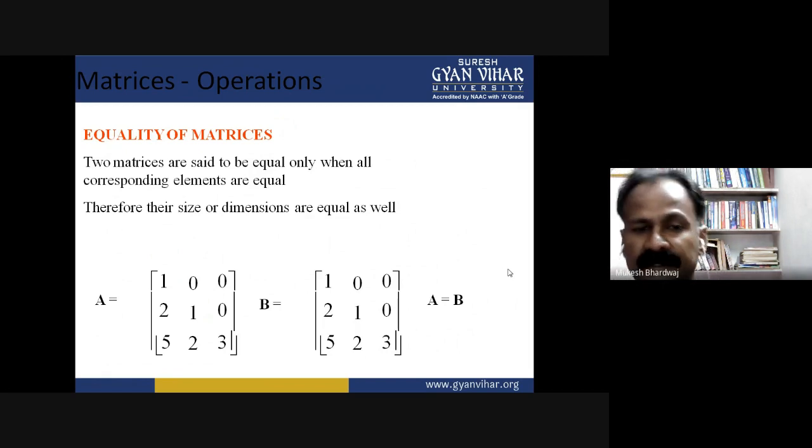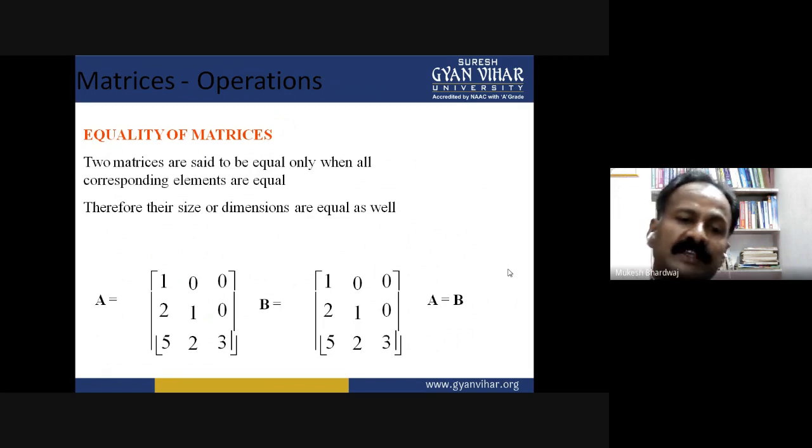First row, second column in A is 0, and first row, second column in B is also 0. So each and every element is the same and their size is also the same. So we can say that A is equal to B.